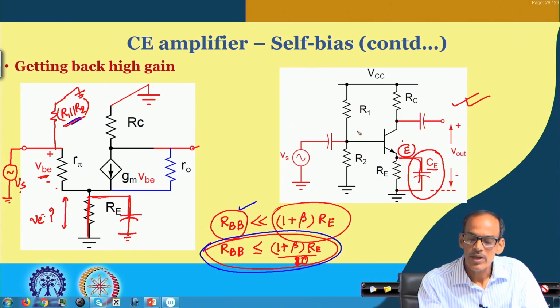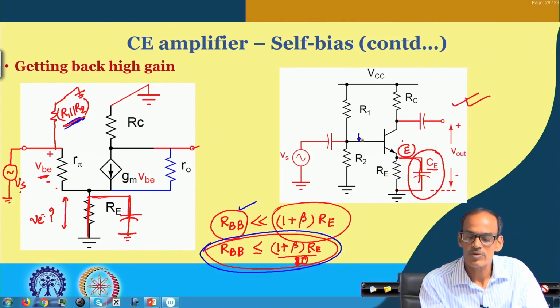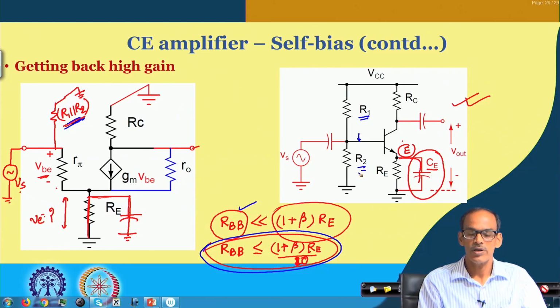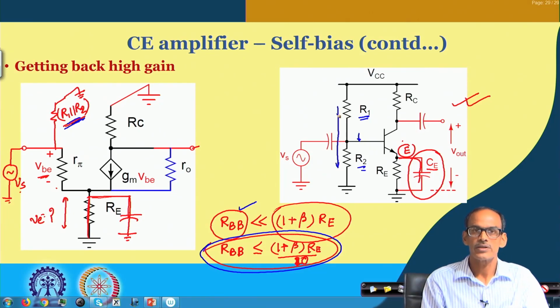Of course, if I want to make this resistance smaller, maintaining the DC voltage the same, that means both of these resistors I need to make smaller and smaller. One consequence is that there will be a DC current flow here, which practically increases the power dissipation.